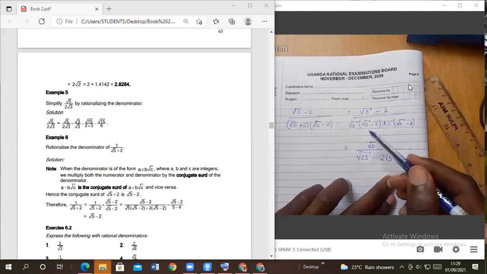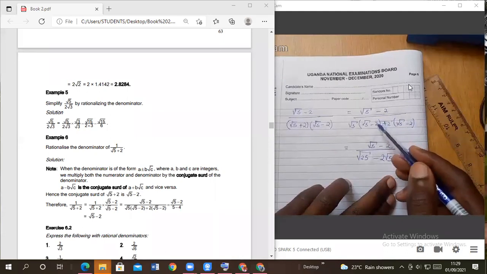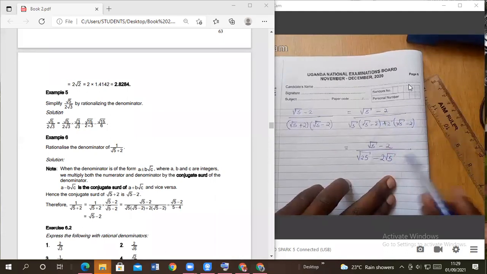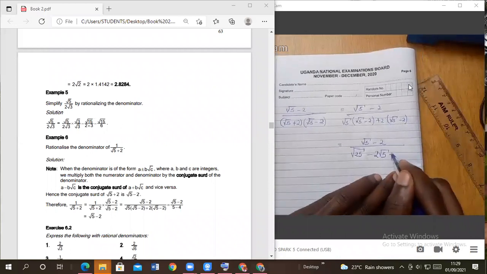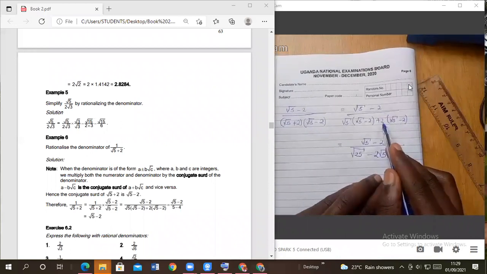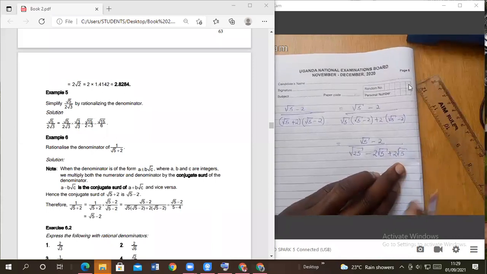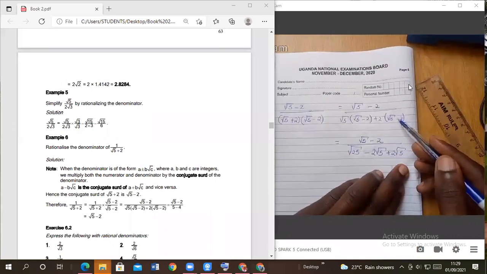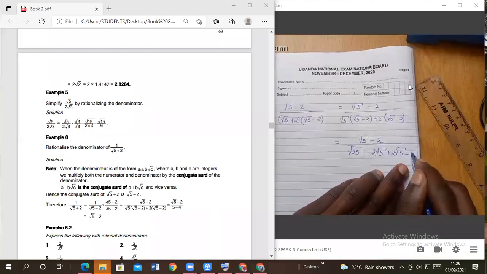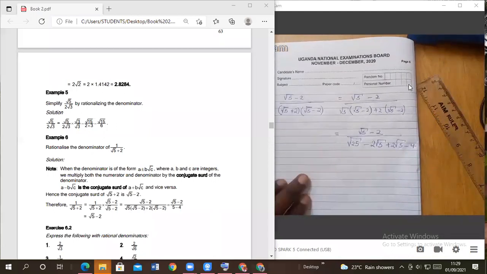Some will say root of 10, but this one is not under the square root. Plus 2 times root of 5 will give us 2 root of 5. Positive 2 times negative 2, what do we get? Negative 4.